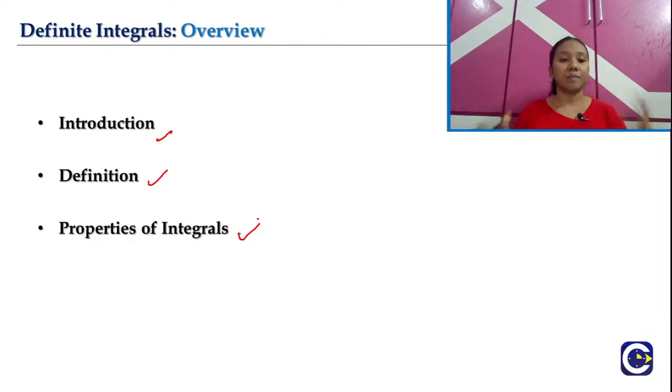In a question there won't be any mention of which property we have to use; we have to decide which property is applicable, and that comes through practice alone. That's why we are going to focus on the properties of integrals.